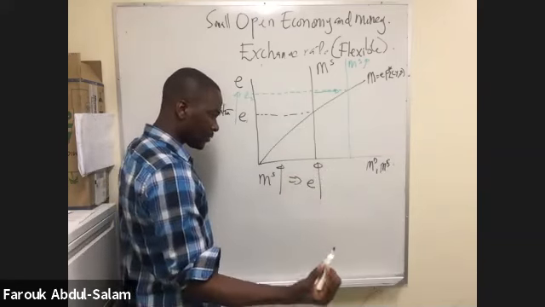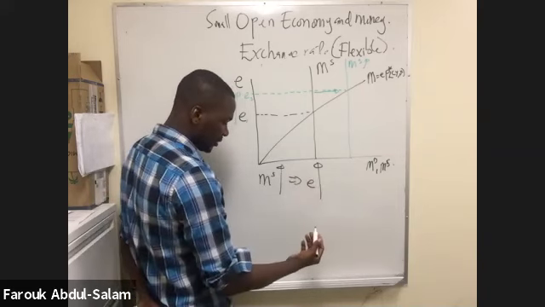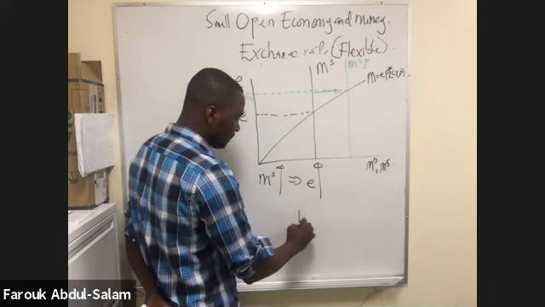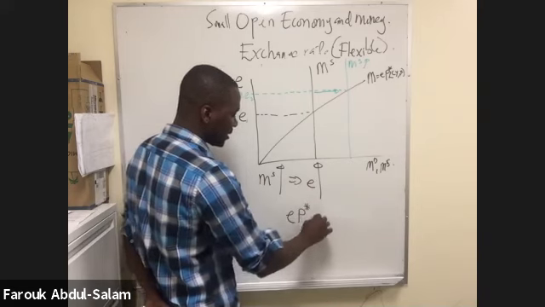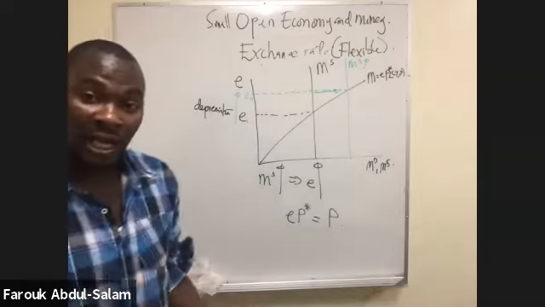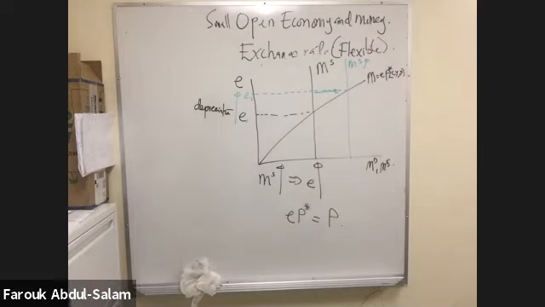Now let's go back to the law of one price, or the purchasing power parity, or the real exchange rate definition. Remember, we have a situation where P star multiplied by E is the same as P. What we did here was to change the money supply in our domestic market as a central bank.